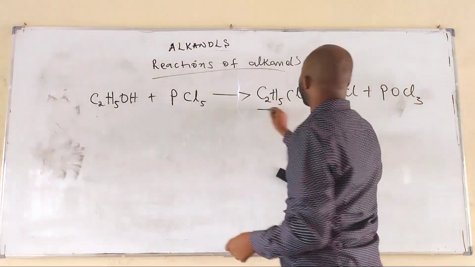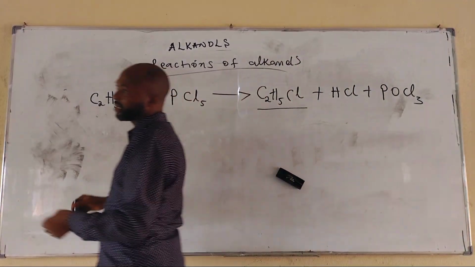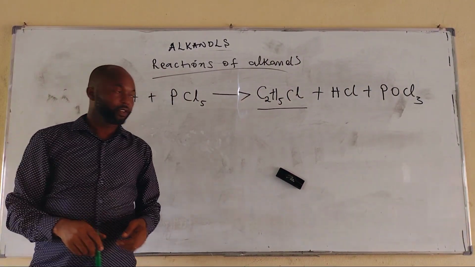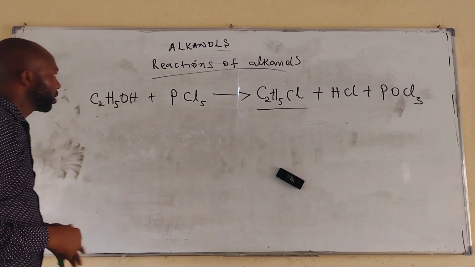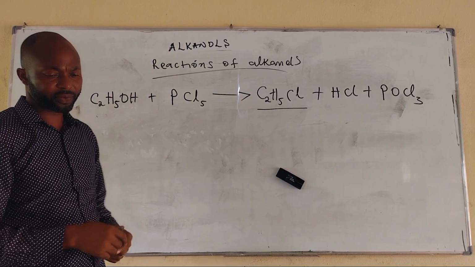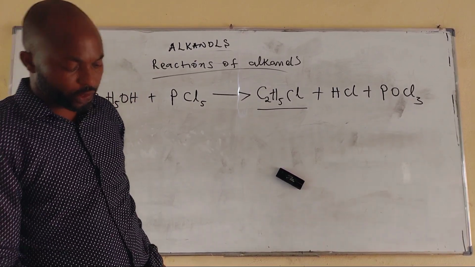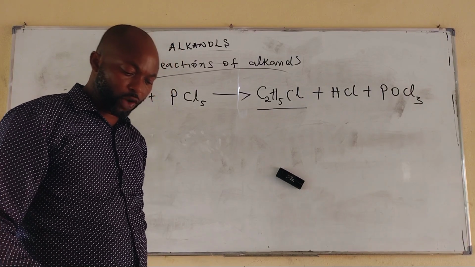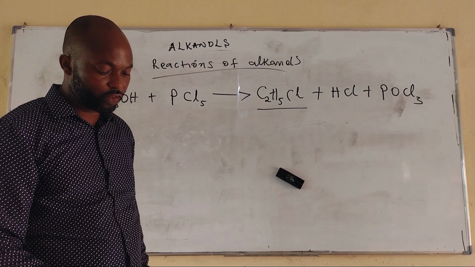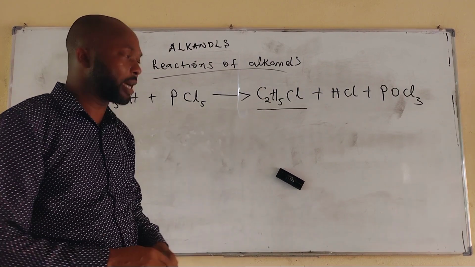So we have been able to form our haloalkane, that is chloroethane, through the reaction with phosphorus pentachloride. We say ethanol reacts with phosphorus pentachloride to give chloroethane with evolution of hydrogen chloride gas. That HCl is a gas.